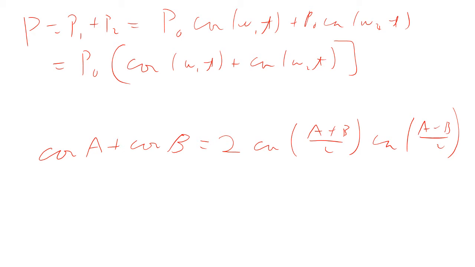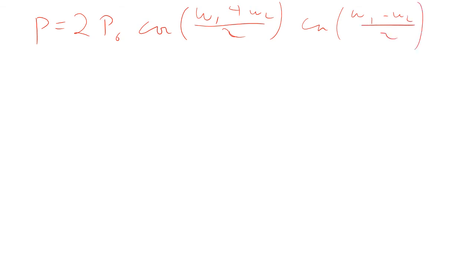If I apply that to the problem we have up here, then P is equal to 2 times P naught times cosine of (omega 1 plus omega 2) over 2 times cosine of (omega 1 minus omega 2) over 2.